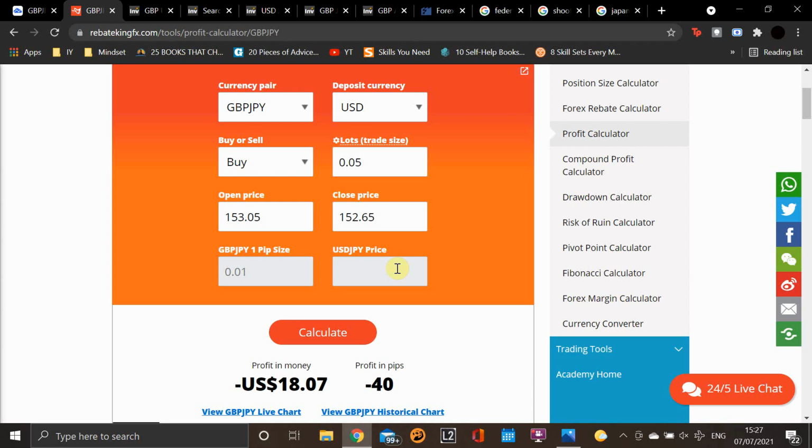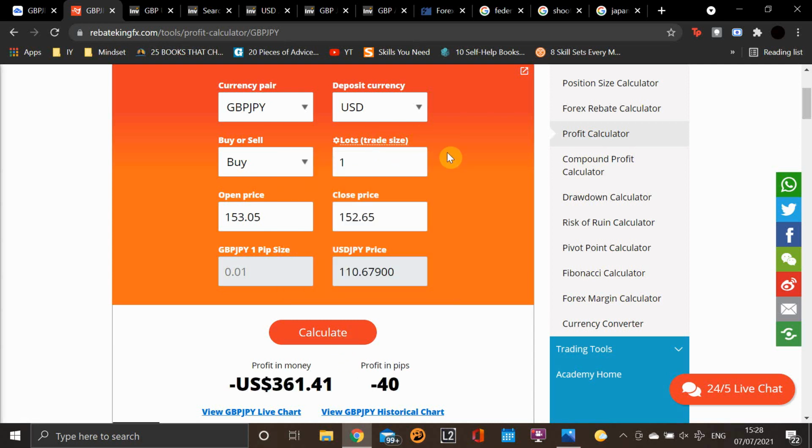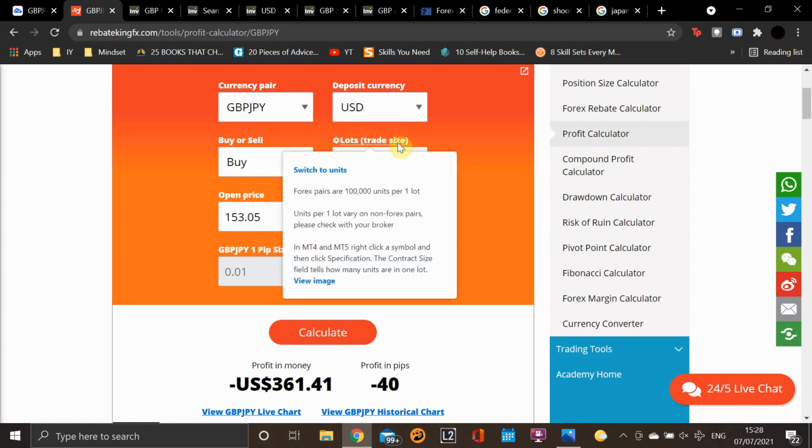I don't understand this. What's that? I don't understand. Anyway, so okay, 361. That was a good 40 pips. Crazy. All within 1 hour.